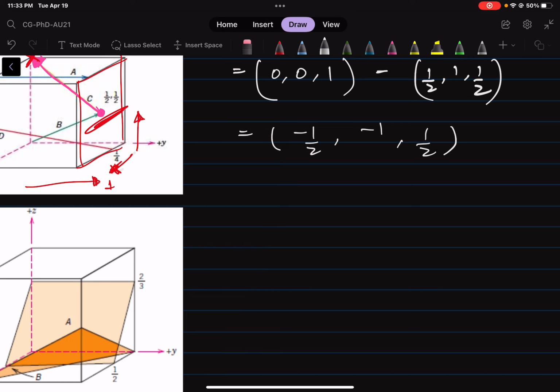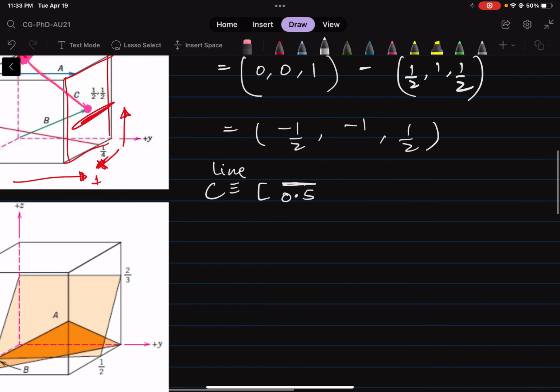So the final answer, you could write the final answer again in square brackets because it's a line. Line C will correspond to minus 0.5, or I should rather write it as bar 0.5. A minus sign is represented as a bar, and then bar 1, and then 0.5.